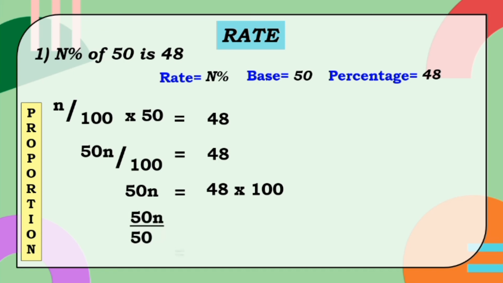So, 48 times 100 ay 4,800. I-divide din natin sa 50. So, i-cancel natin ang 50 divided by 50. Ang maiiwan ay n. 4,800 divided by 50, 96. Or, the rate is equal to 96%.